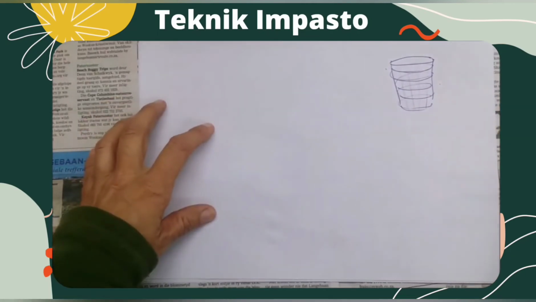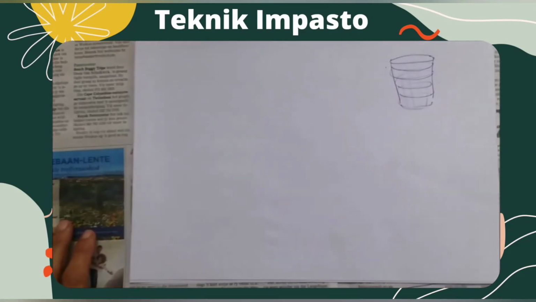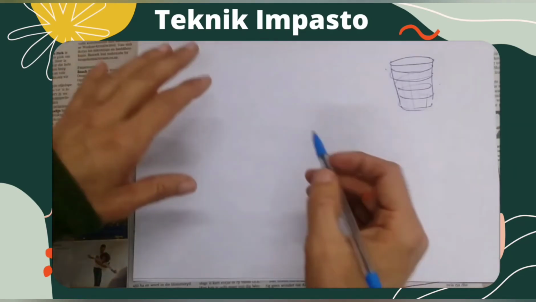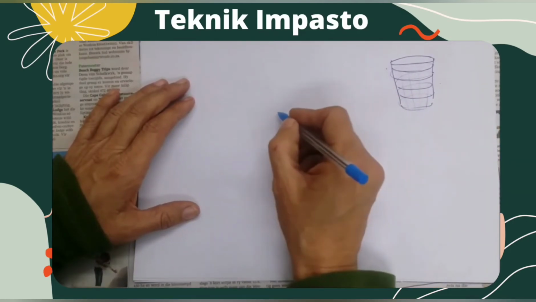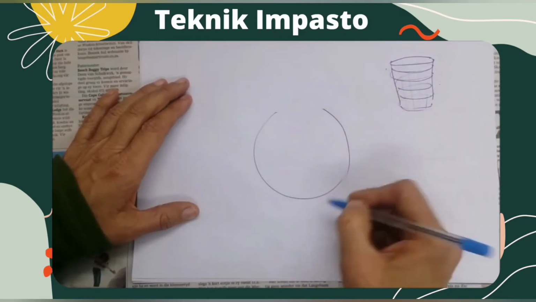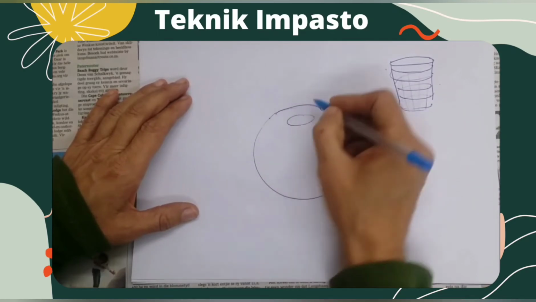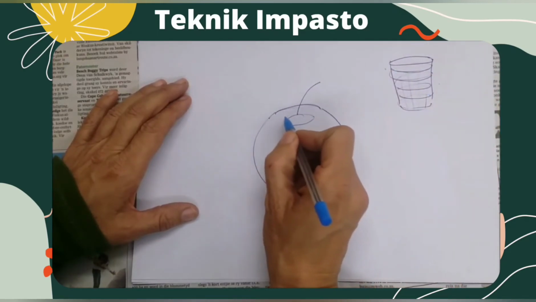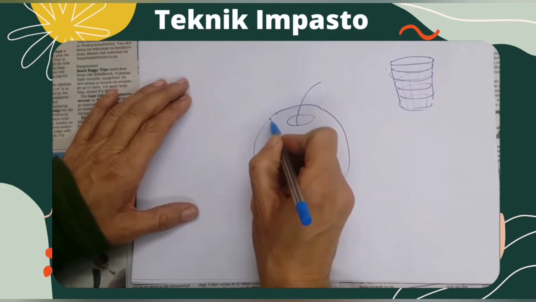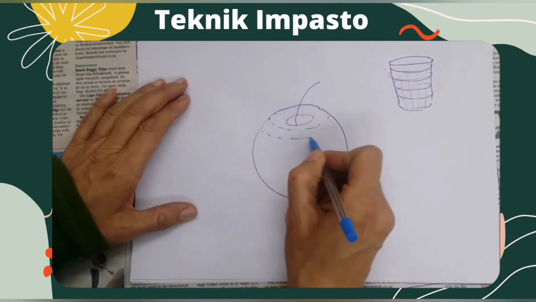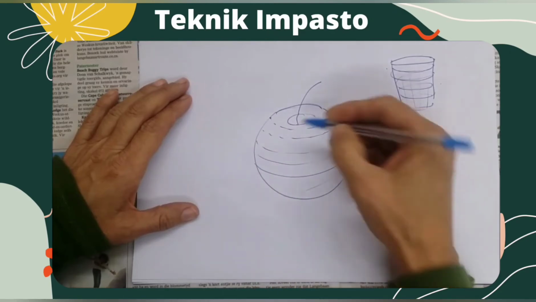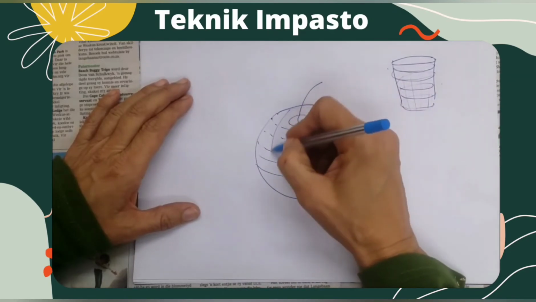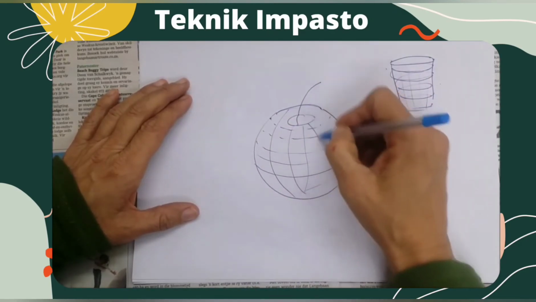So if, for example, I have a fruit, let's make an apple. So the apple is rounded like this, and it's rounded like this.